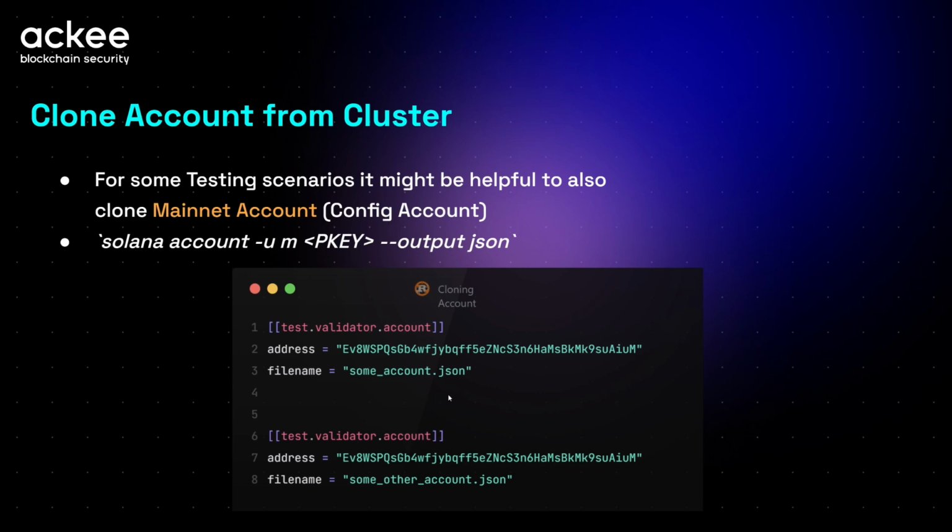Then within the Anchor TOML file, you specify the test validator account, then the address, and then the file name that the account is going to be taken from. So Anchor starts the Solana test validator already with this account, and you can use this account with the tests, or with CPI and so on.